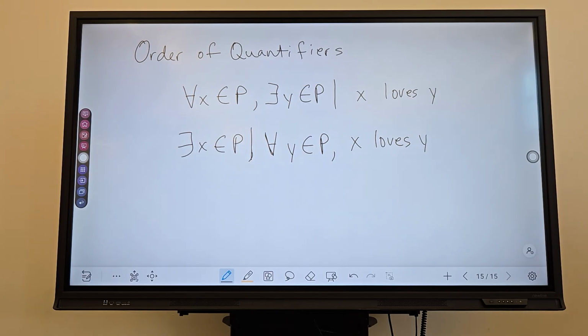So these symbols make up a language. Thinking about languages, there's a language out there. Has anybody ever heard of the programming language Prolog? No?